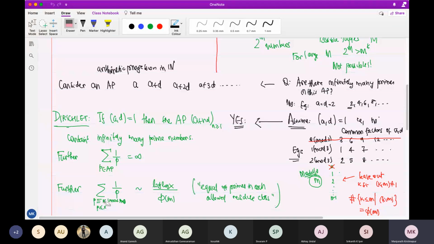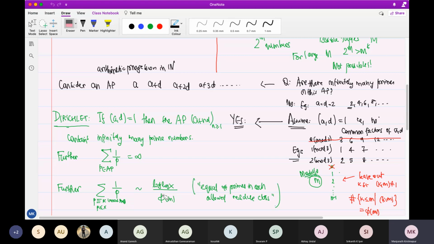So then the number of different arithmetic progressions: if you fix residue classes modulo m, some of them will not contain any primes because they are all composite numbers. The remaining ones, there are phi of m many, the number of those that are coprime to m in 1 to m.